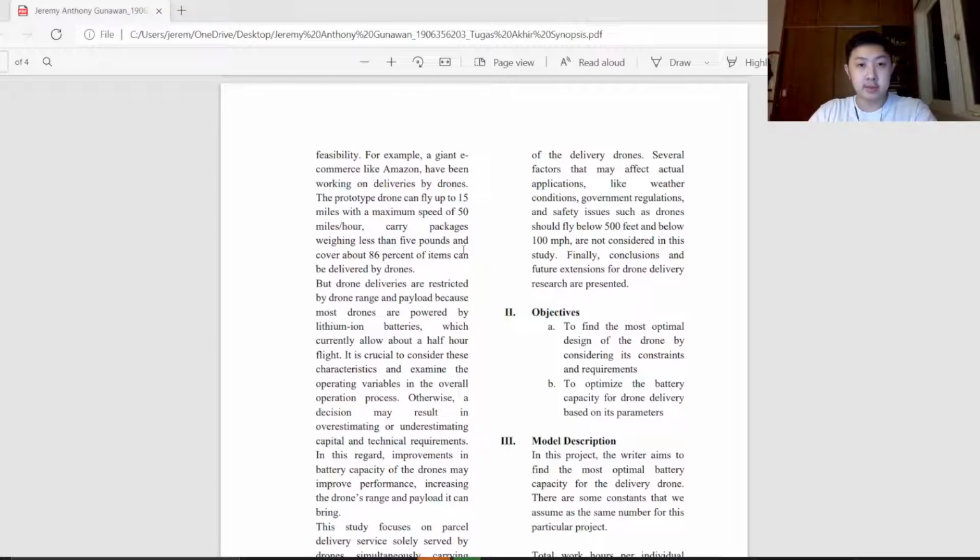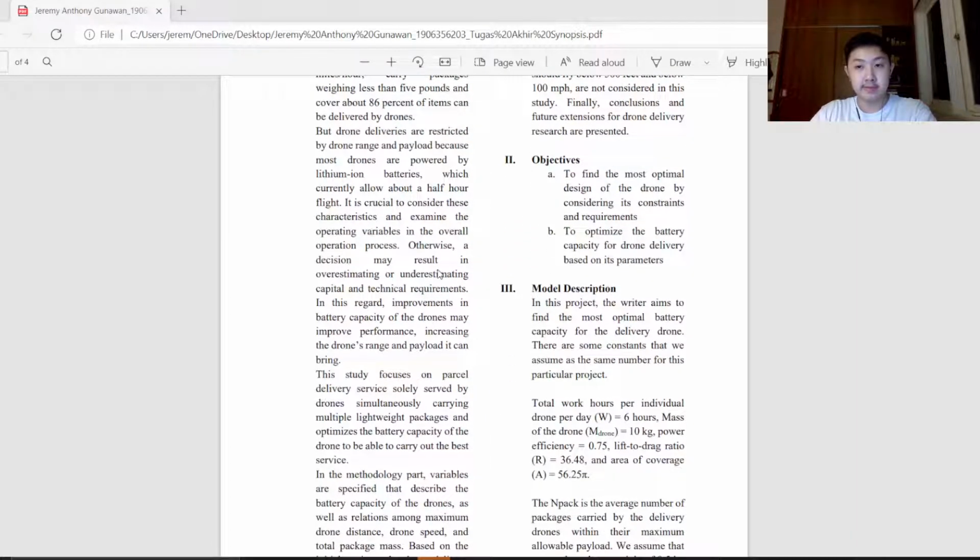As I told before, Amazon, the giant e-commerce company, has started doing drone delivery since 2016, and they are still developing it.